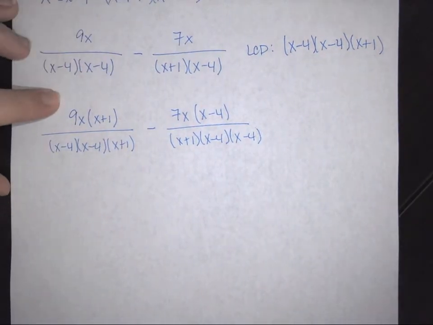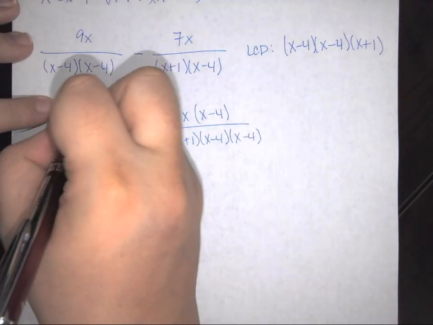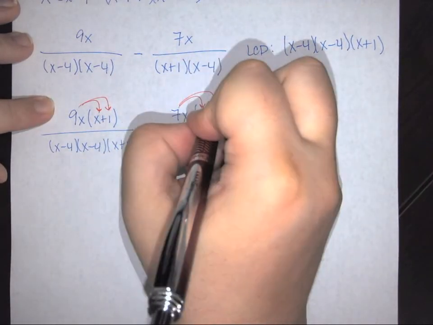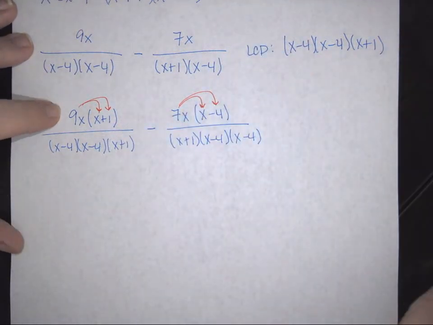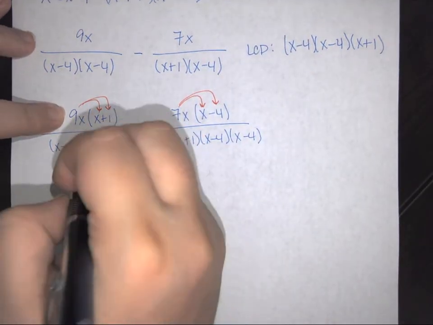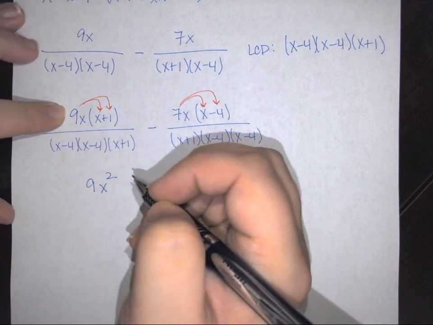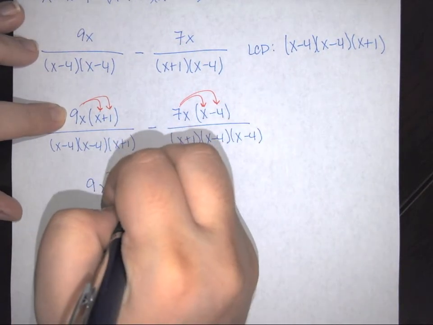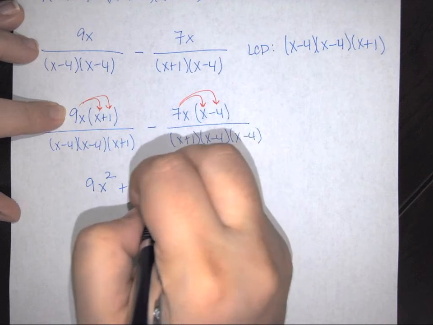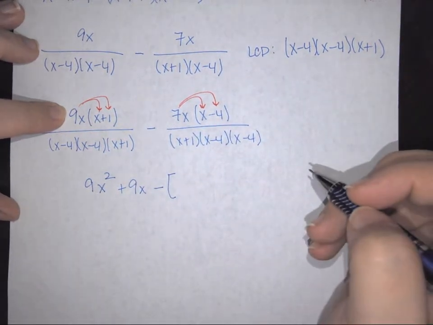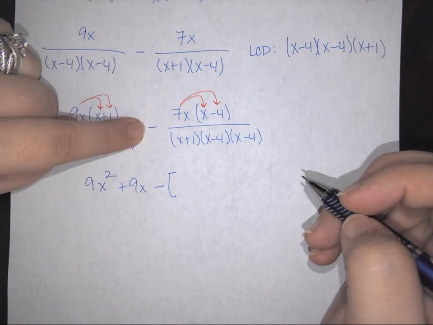What I have to do here is distribute through my upper binomials. So 9x times x is going to give me a 9x squared. 9x times 1 is plus 9x. I have to subtract, and in this case I'm going to open a little bracket or parenthesis because I'm not ready to deal with the negative yet.